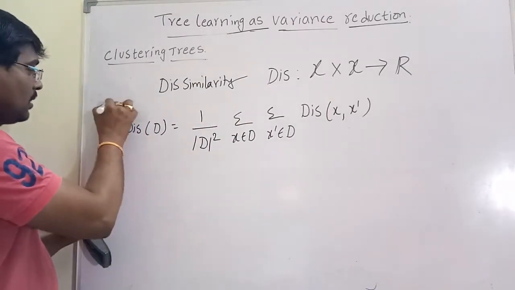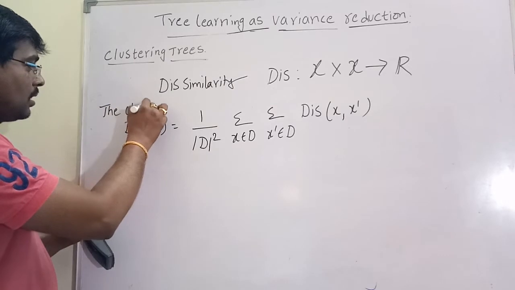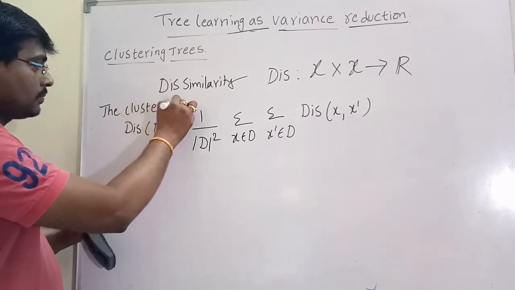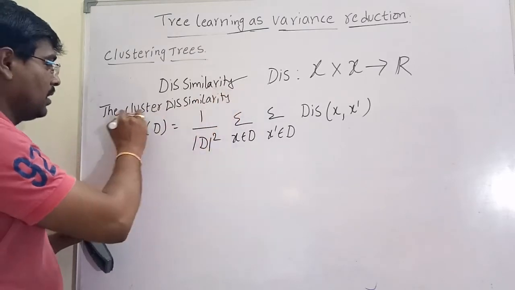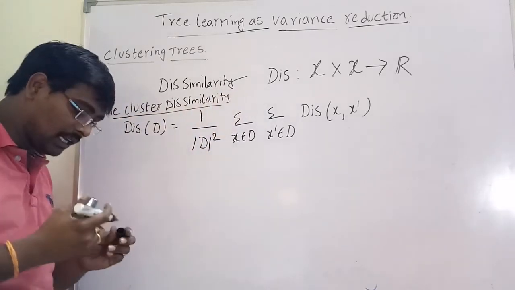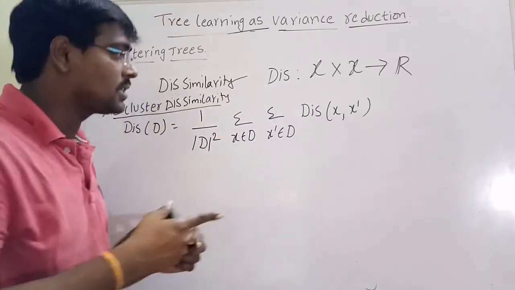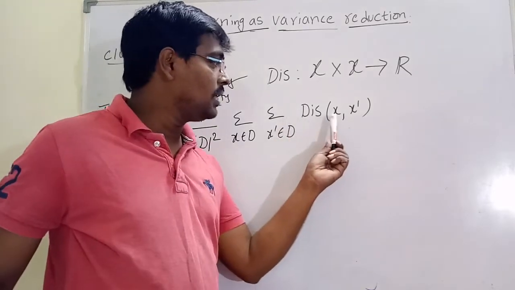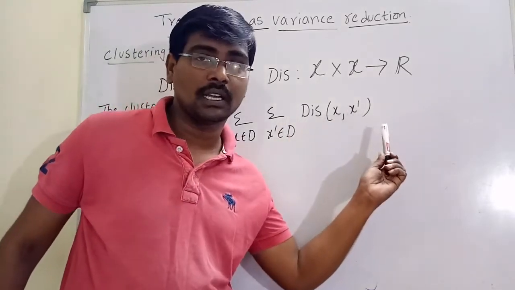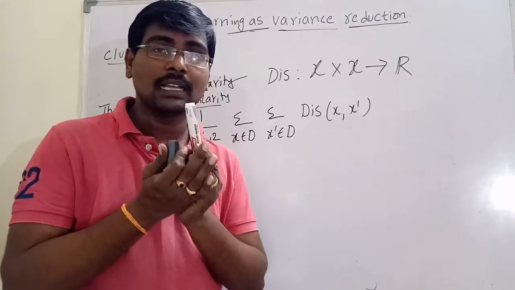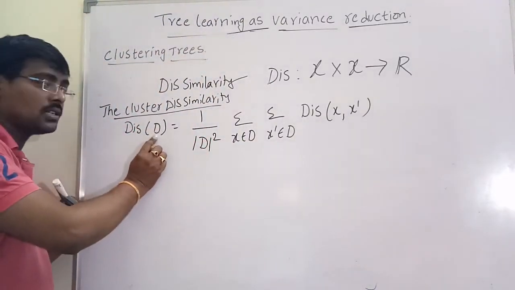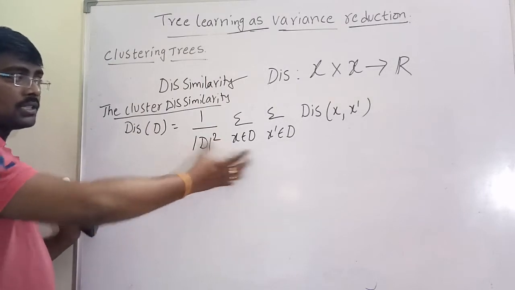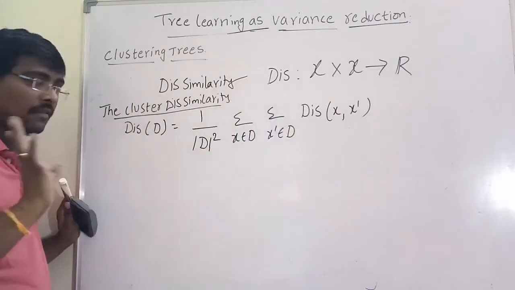This is called the cluster dissimilarity. Remember, this definition is very important. The dissimilarity between two instances is simply the dissimilarity of x comma x dash. Now find the cluster similarity. The cluster dissimilarity for a set of instances is equal to the average of all the pairwise dissimilarities.